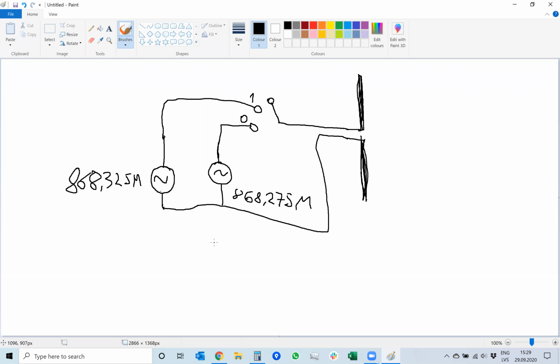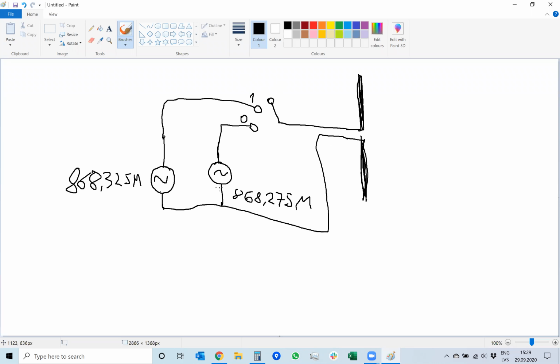So this would be a second option, and actually some first devices were probably built this way, but you see that you have two oscillators which are at very similar frequencies.